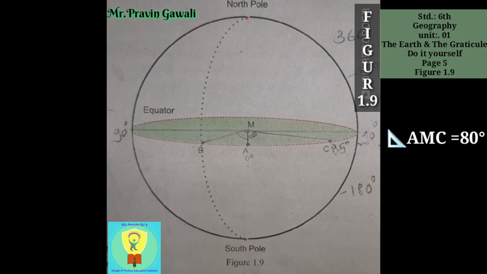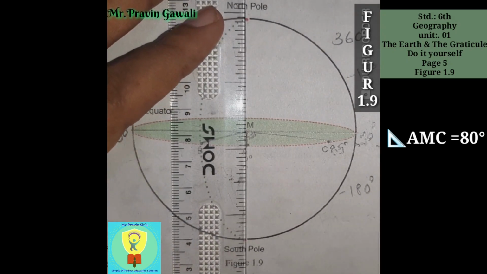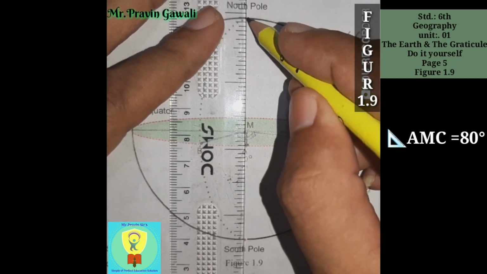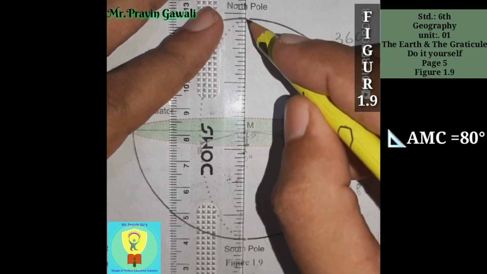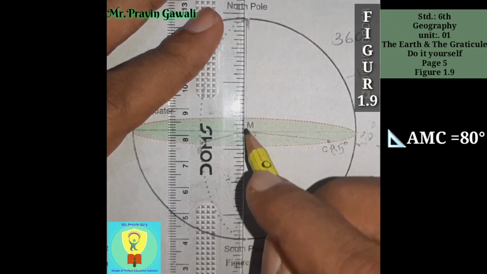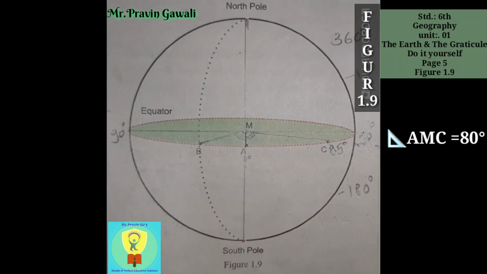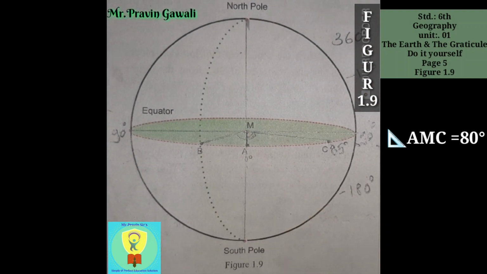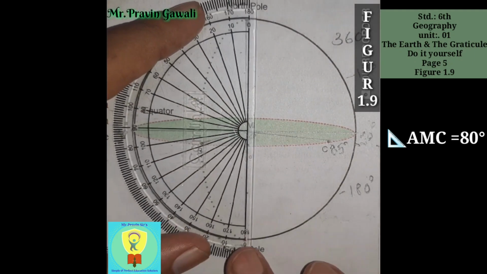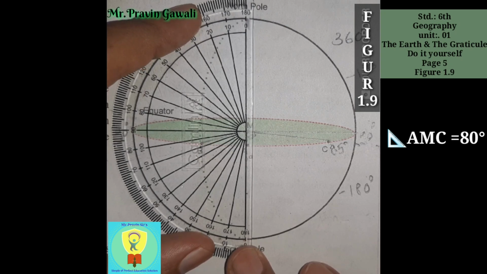Before that, I would like to join these two points, the North Pole and the South Pole. So it is a right angle now. Again we will measure the second, that is AMB.